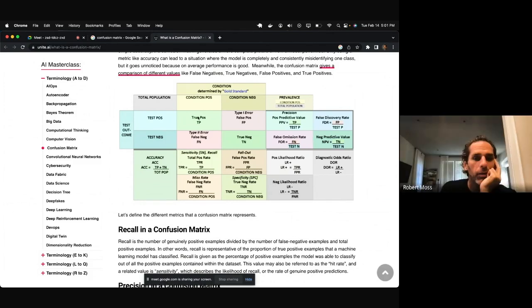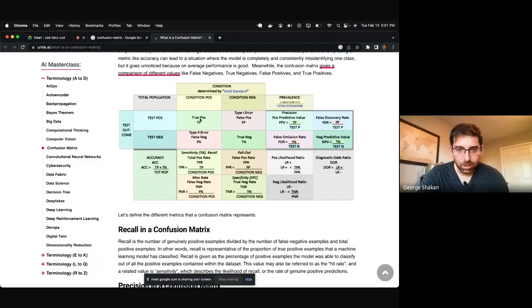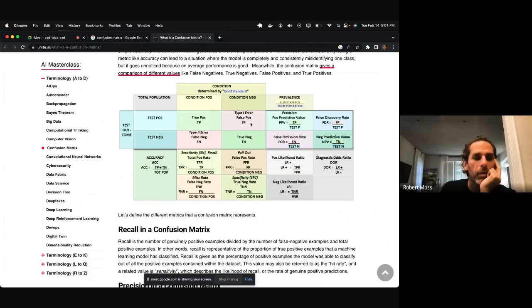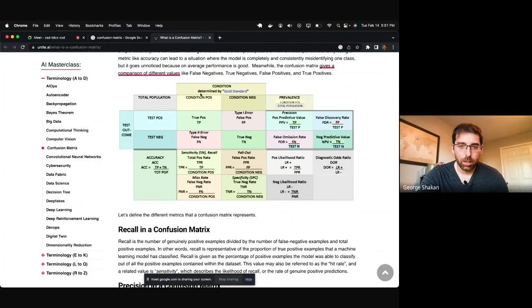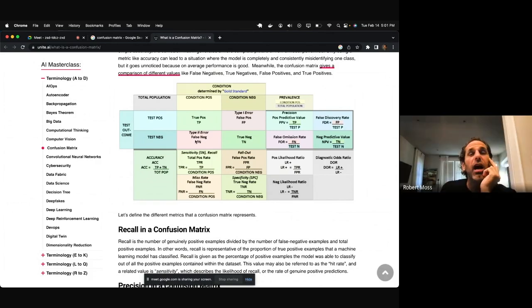So that's the upper green box over the green plus the red. And then recall is the true positives over the actual positives, so true positives over true positives plus false negatives. It's how many true positive cases you caught from the actual positive cases.